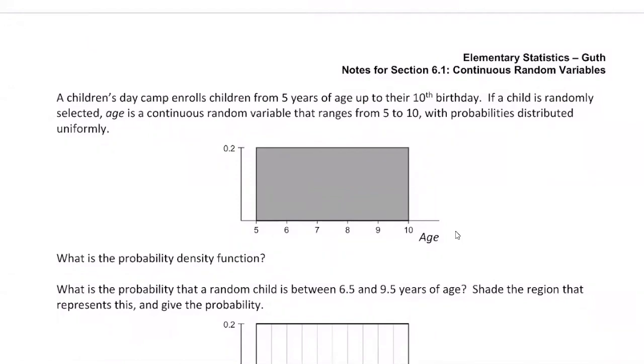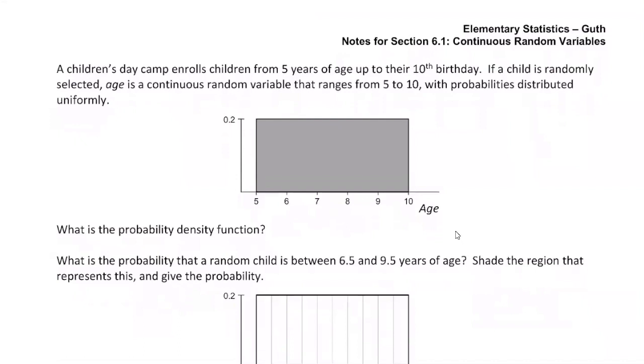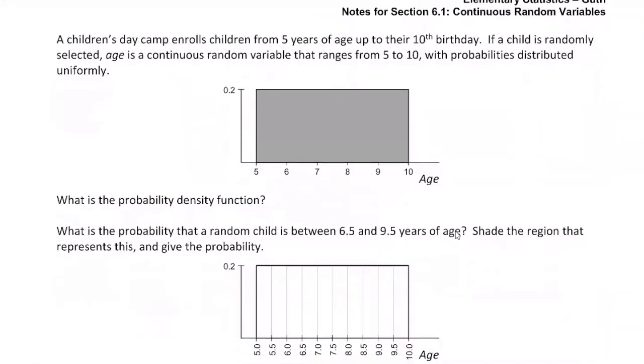So here's the problem. It says a children's day camp enrolls children from 5 years of age up to their 10th birthday. If a child is randomly selected, age is a continuous variable that ranges from 5 to 10 with probabilities distributed uniformly. It just means that they've got kids of all ages with equal probability.